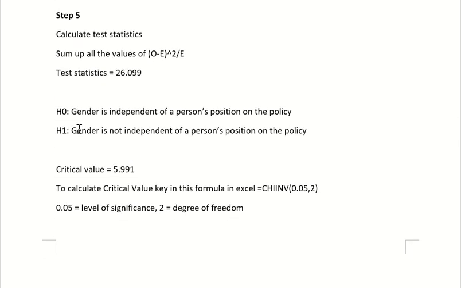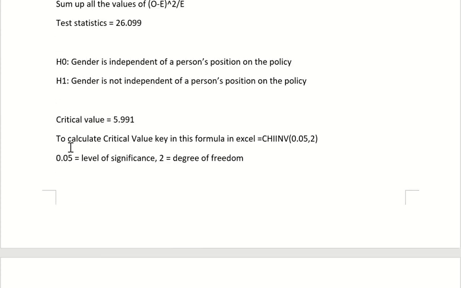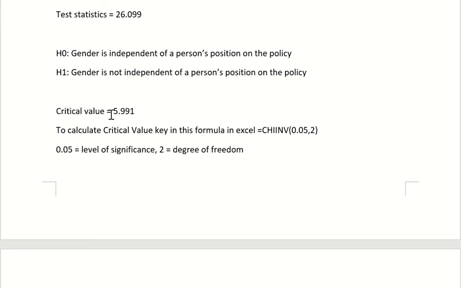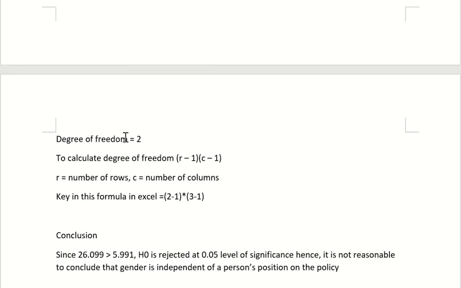And then moving on to the hypothesis testing, there will be the null and alternative hypothesis. The critical value will be chi inverse level of significance, comma, degree of freedom. To calculate that, we'll find the degree of freedom.